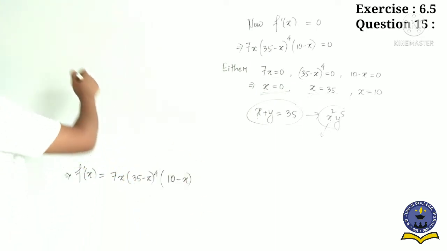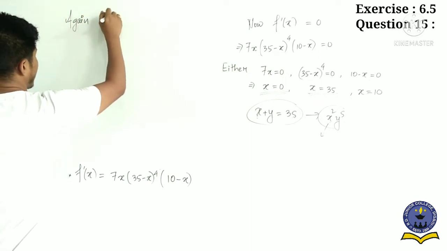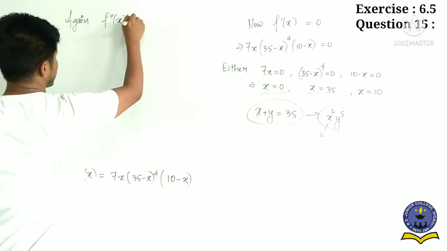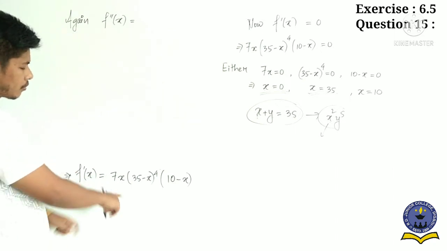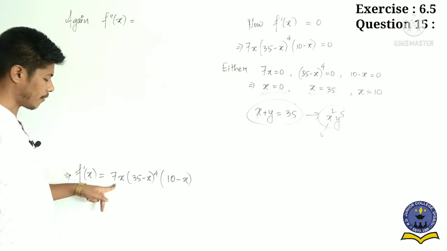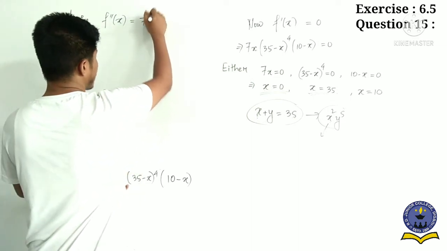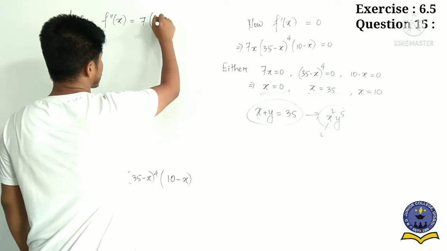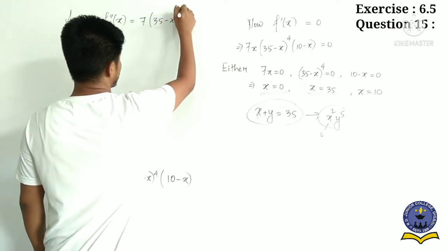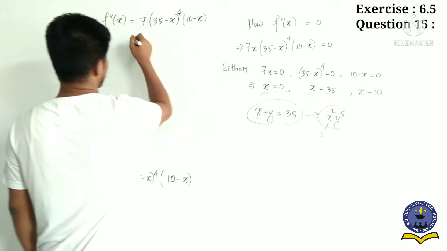So when we differentiate again, we write here f double dash of x. So f double dash of x equal to, if we differentiate first one, d/dx of 7x, 7 is a constant term, so simply here remains 7, and then we write the other two as they are. So that means 35 minus x to the power 4 into 10 minus x, plus.